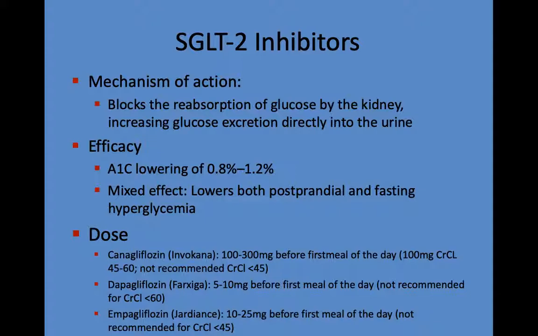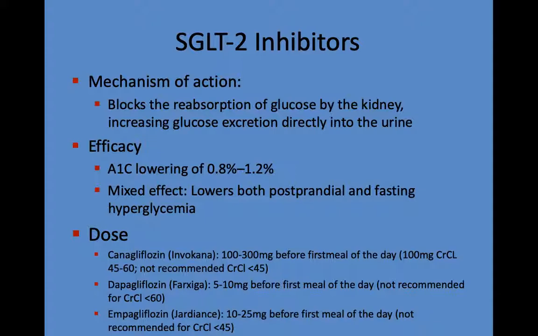So this is another one that doesn't really cause hypoglycemia when given by itself, because if you're at a normal blood sugar, you're not going to have any sugar excreted into your urine. Sorry, spilled has a bad connotation with this, but excreted into the urine, and you're not going to be reabsorbing any.